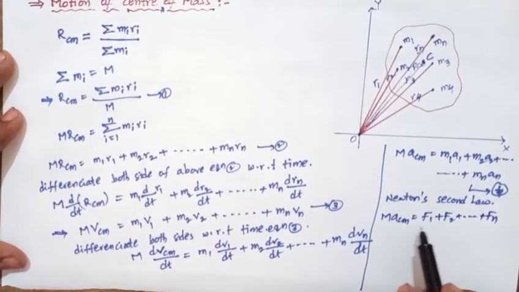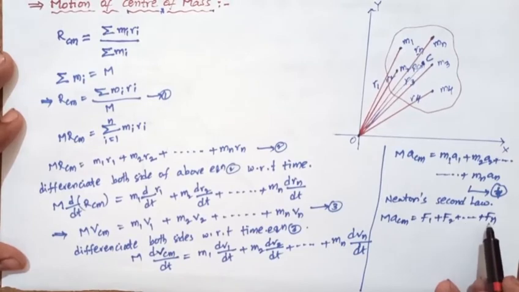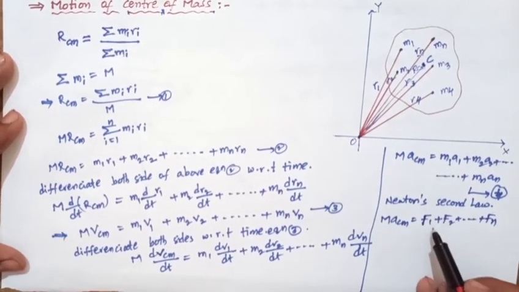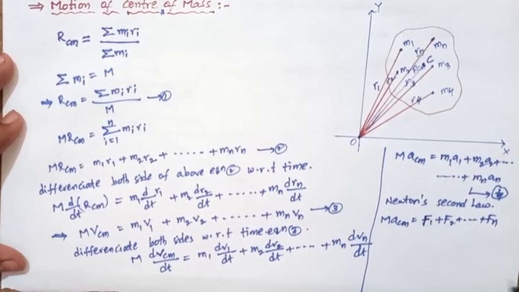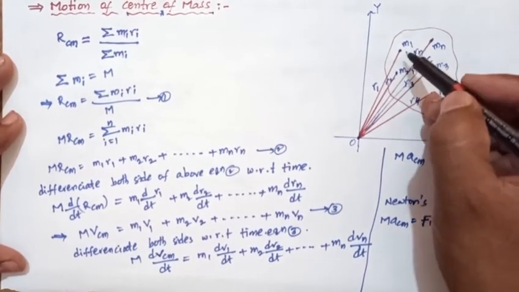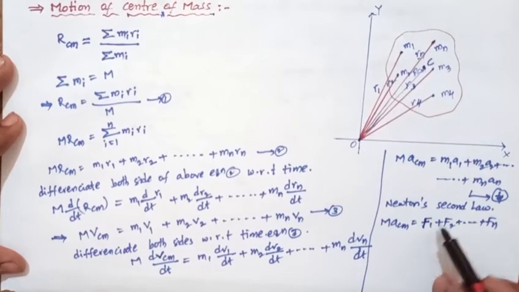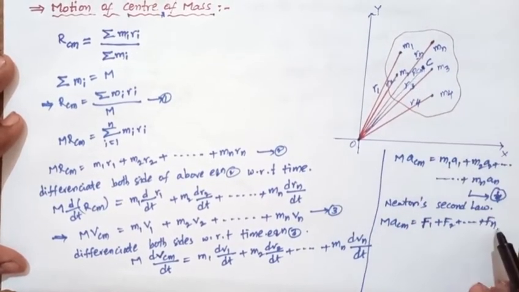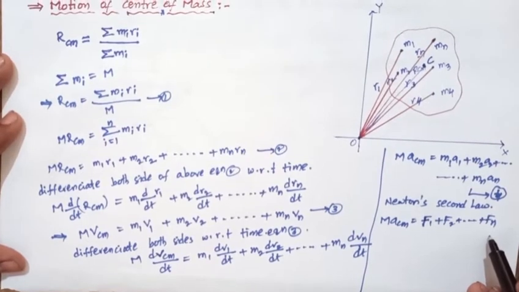Here F1 plus F2 plus Fn is the total force: the force on the first particle is F1, on the second particle is F2, on the nth particle is Fn.